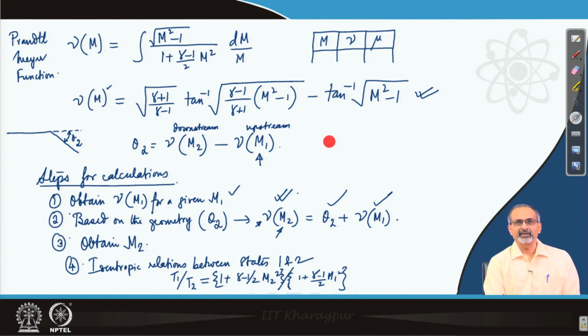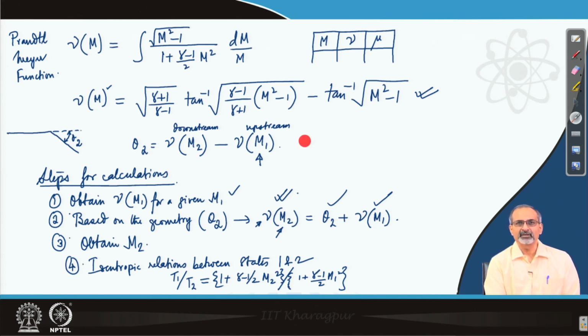handle and do the calculations which we are typically indicating over here. If you were to find the value of the Mach number in the downstream region, the M2, how would you go about doing it? Typically the procedure would be that you know this angle theta, the theta 2 corresponding to region 2, and that is expressed as the difference of the Prandtl-Meyer function in the two regions.